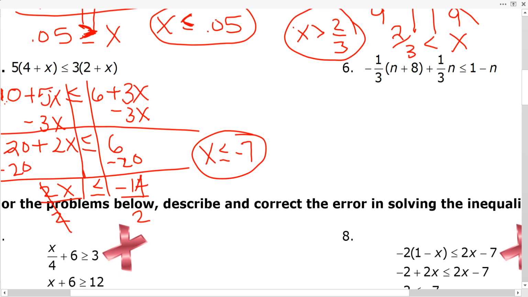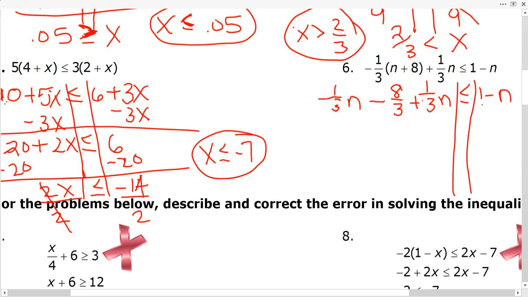Okay, number 6 has combining like terms and distributing and all kinds of stuff. So let's go ahead and distribute. So I have negative 1/3 n minus 8/3 plus 1/3 n less than or equal to 1 minus n.